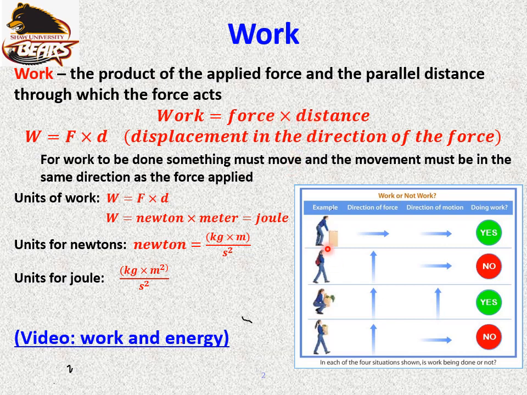For example, if this person is pushing this box with a force in that direction and moves a certain distance, then it does work. Say this is 25 meters, and he used 10 newtons. 25 meters times 10 newtons will be 250 joules. So newton times meter equals joules. So the unit of work, force times distance, gives you joules.